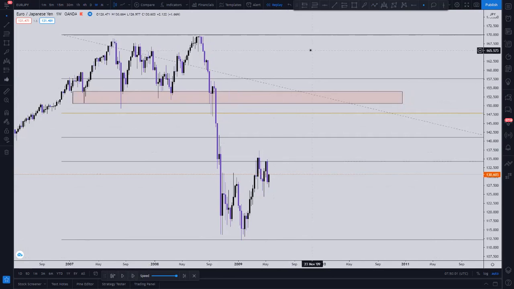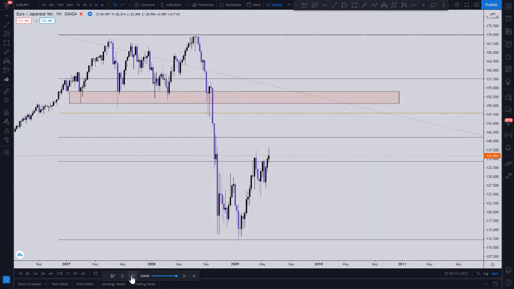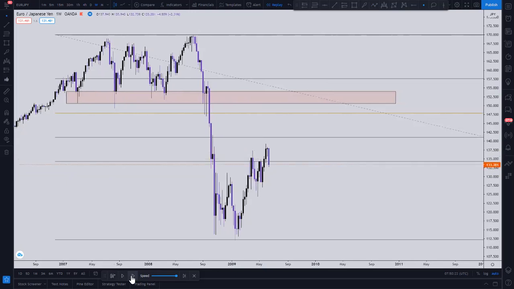I don't care if it goes even further. As long as it has tapped my level, I have to wait for it to give me what I want. So patience. Price moves, and then price taps, and then price moves.